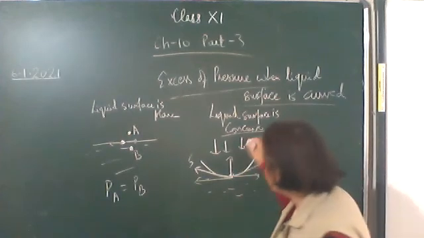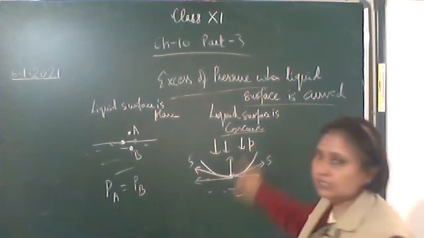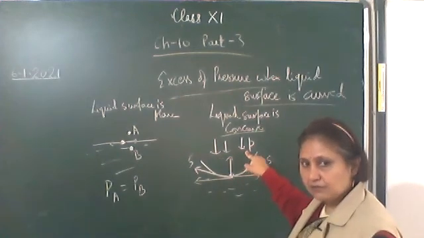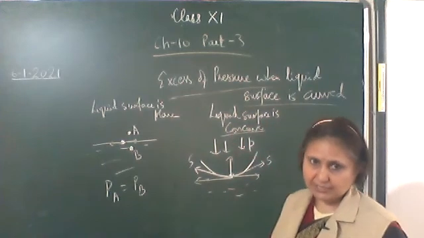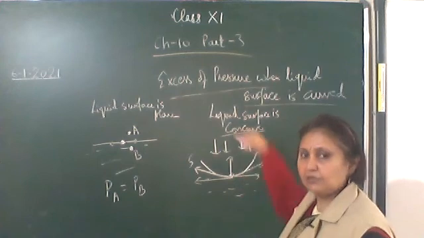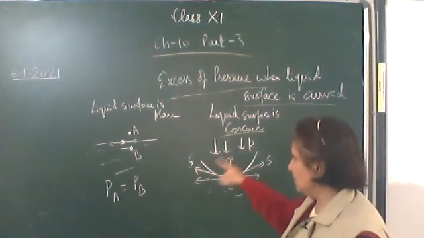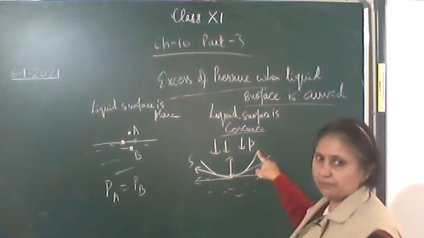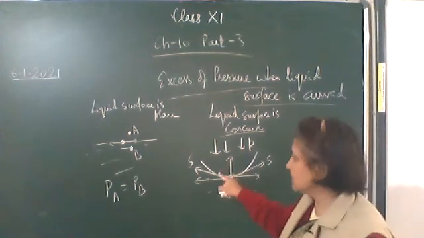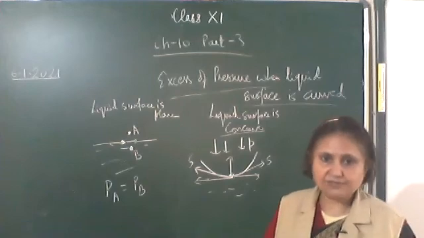So the excess of pressure is acting over here. On which side? In the air side, in the downward direction. If we look at this shape, what is this shape? This is concave shape. So the excess of pressure is acting towards the concave side.